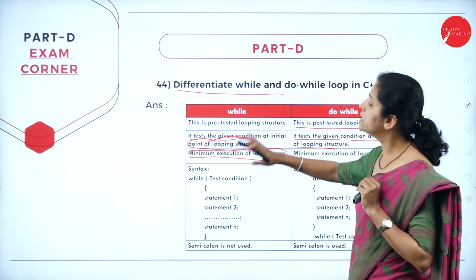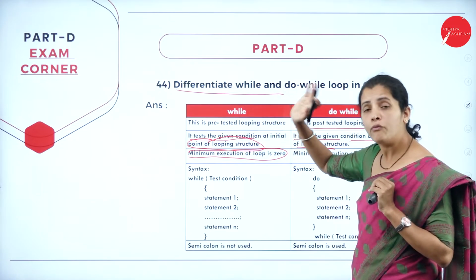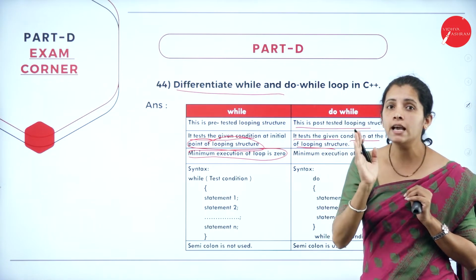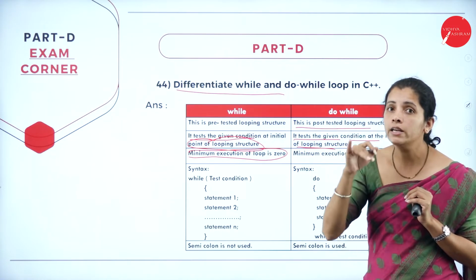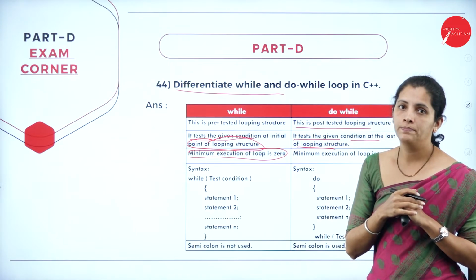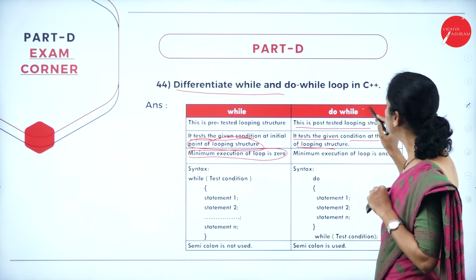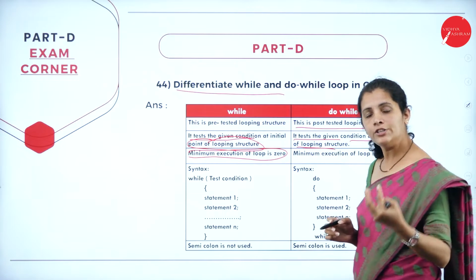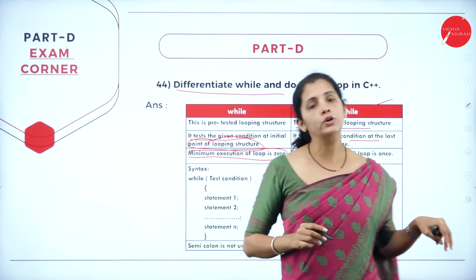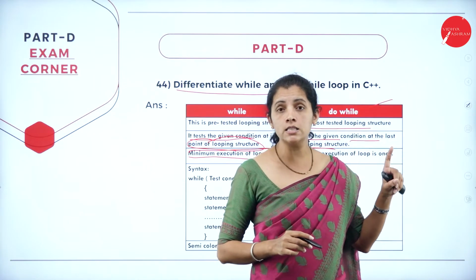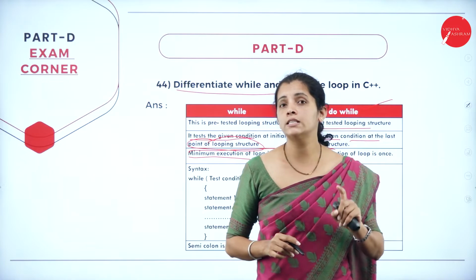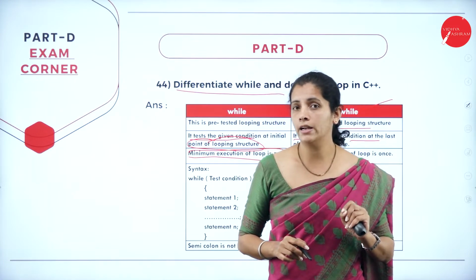That means if the given condition is false at the beginning itself, then it won't enter into the loop. Now, if I consider do while, if the given condition is false, but still it's going to execute at least once, because we are going to test the condition at the end.